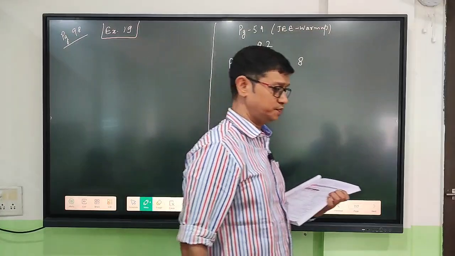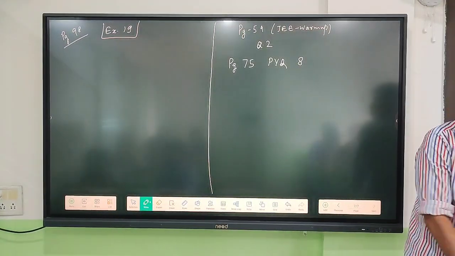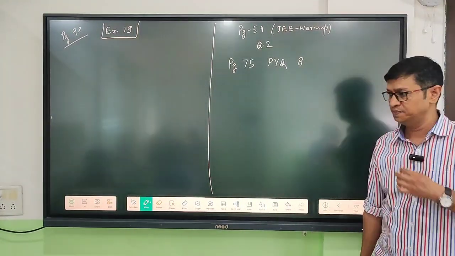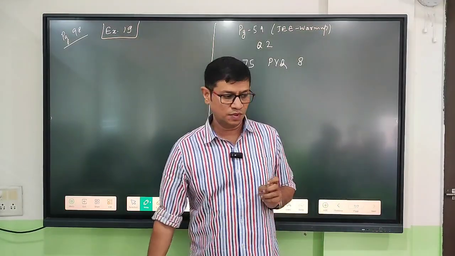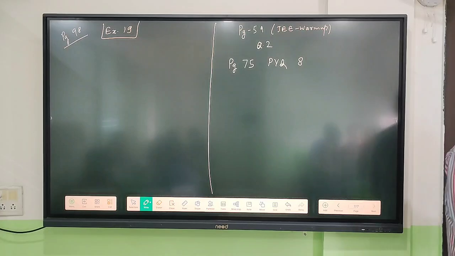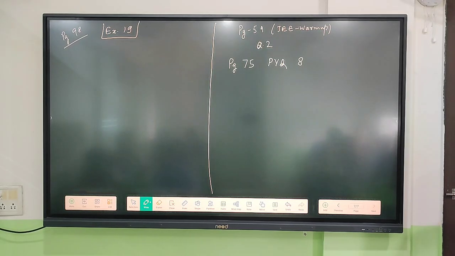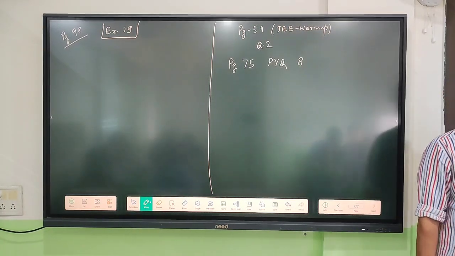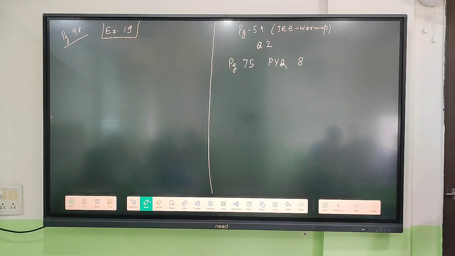These two questions you will do, if you are done with question number 19, then only. Okay, so in that case, you can do question number 13 and 17 on the next page, page 76.